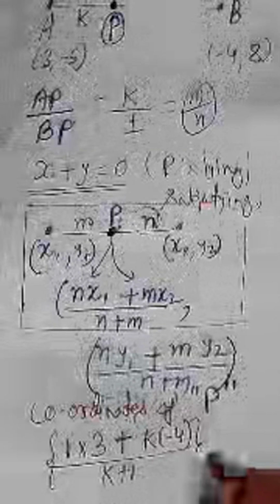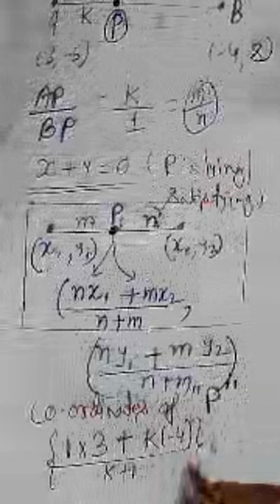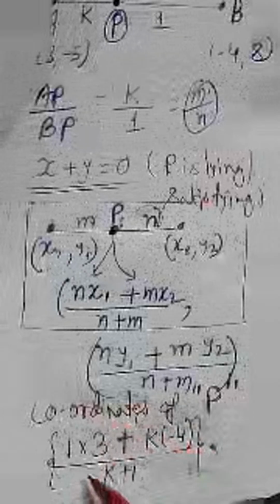Similarly, if this is the abscissa, then what will be the ordinate? The ordinate will be calculated using the same formula.